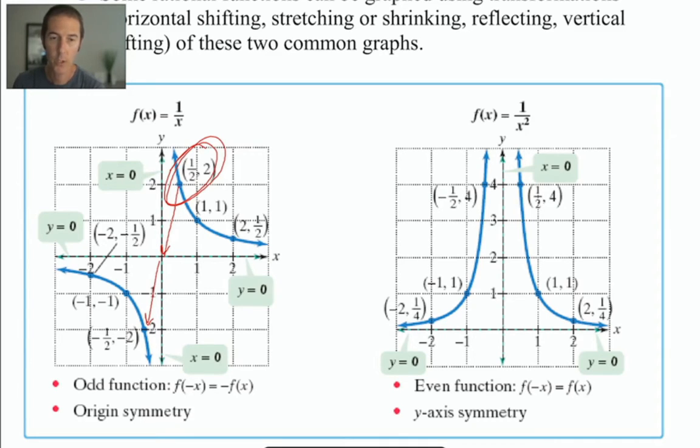That works no matter which point you select from the top right. If you sort of fold it over the origin, you'll end up at another point in the bottom left, or the third quadrant. You can determine if a function has that kind of symmetry by testing to see if it's an odd function. It's an odd function if f of negative x equals negative f of x.